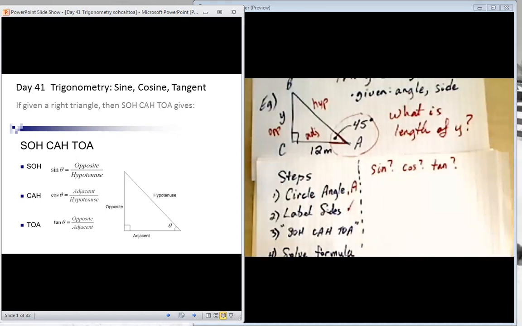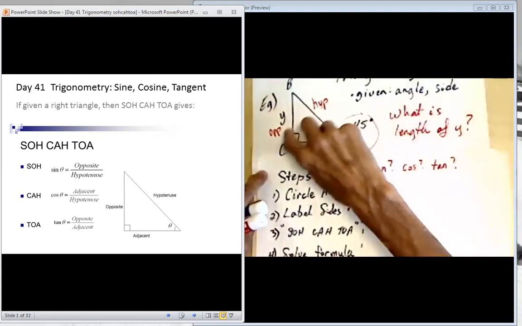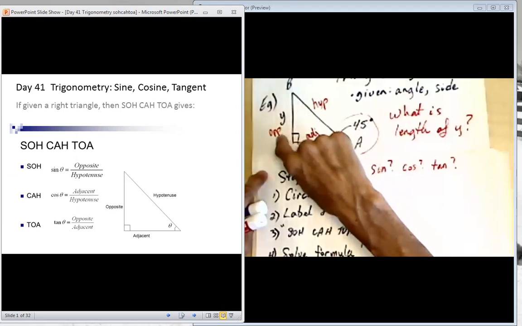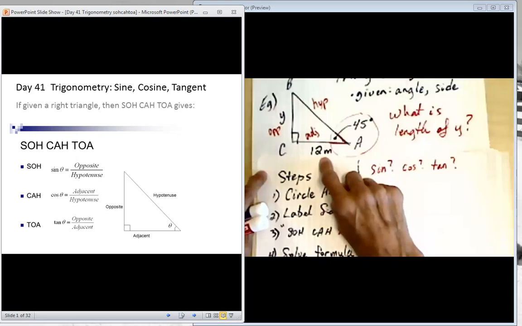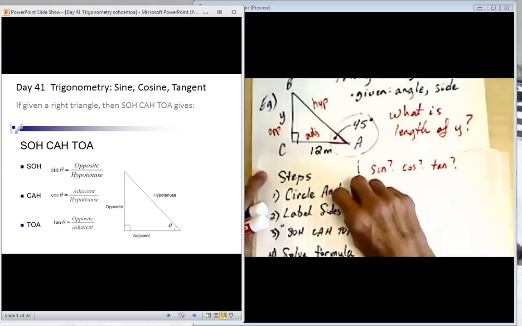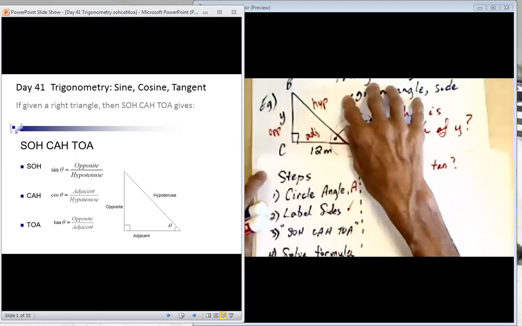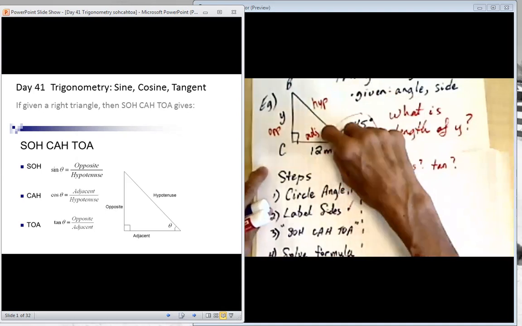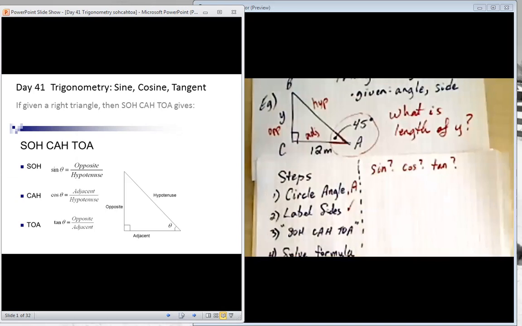We take a look at the sides that we need. We need to know what y is, so we have to use the opposite side. And we got a number for this side, which happens to be adjacent. So these two sides, the one we need, opposite, and the one we know something about, adjacent, are the sides we're going to use.